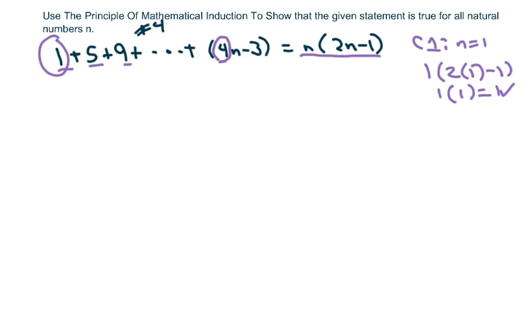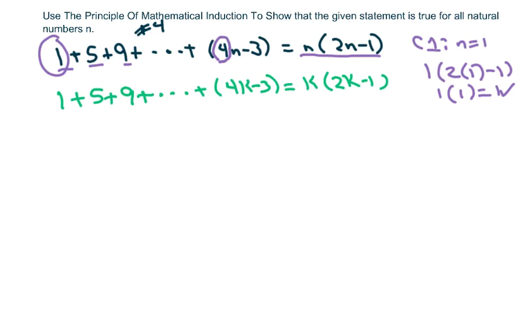Now we're going to check for condition 2. If the statement is true for some natural number k, then it should also be true for the next natural number k plus 1. So we're checking for k plus 1.